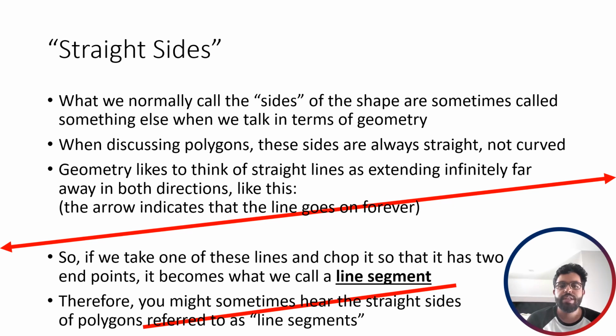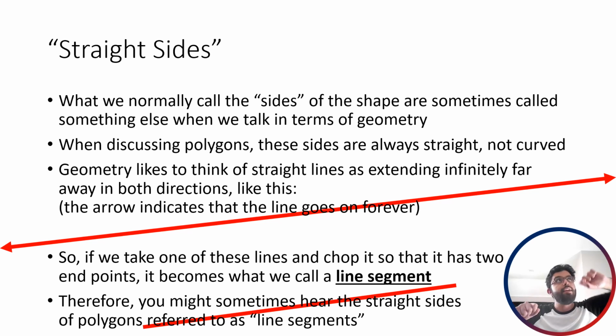But geometry thinks of lines as being straight, but also going off in both directions forever, to infinity in both directions. So as far as geometry is concerned, if geometry was a person and you went up to it and said, hey, can you draw me a line?